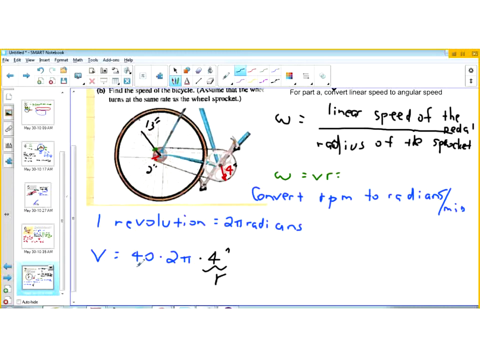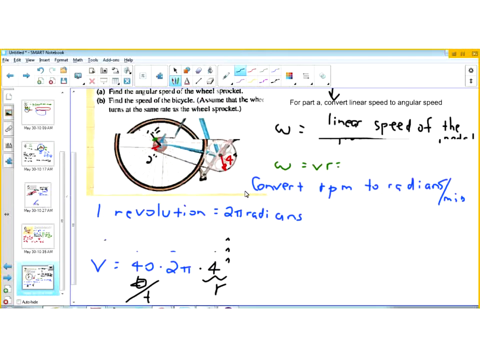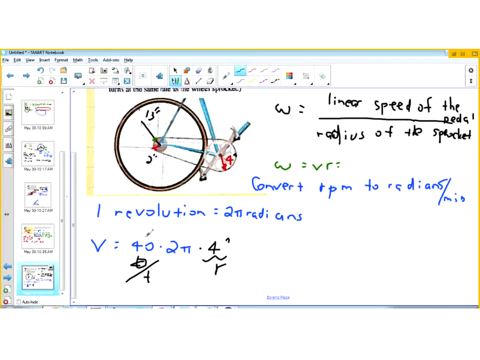And then here is your S over T, this would be your theta over T right here. Okay, so in calculating V, we need a radius of some entity, and the governing entity would be the pedal sprocket. Tricky question.